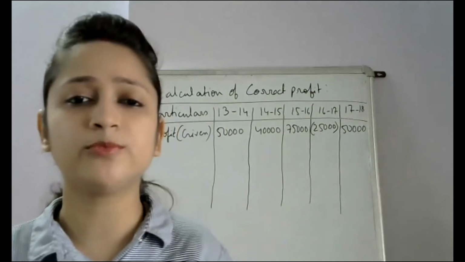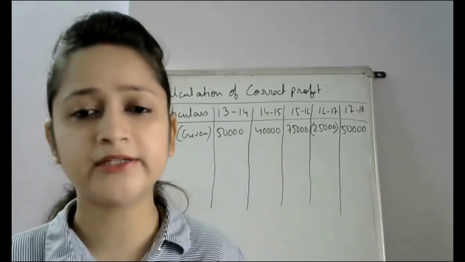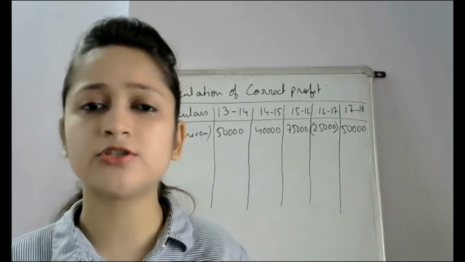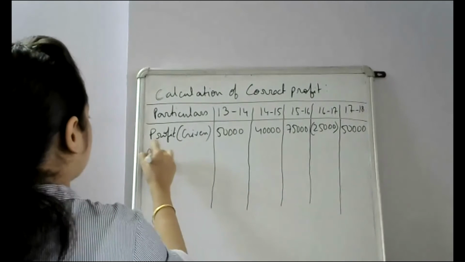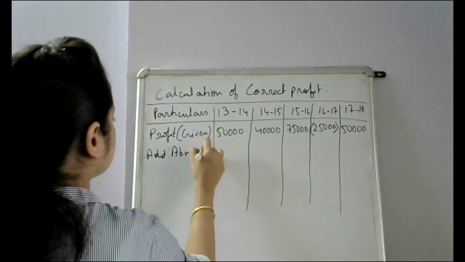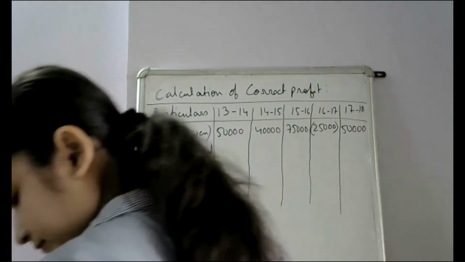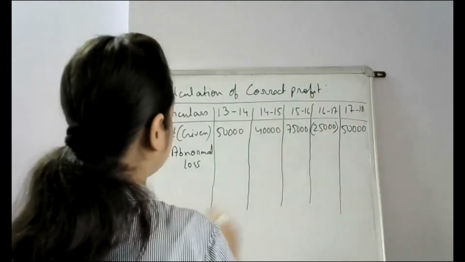Now, you have to remove that abnormal loss from your PL. How will you remove that? By adding. If you add that abnormal loss, your profit will increase. So, add abnormal loss, and it is from the year 1415.